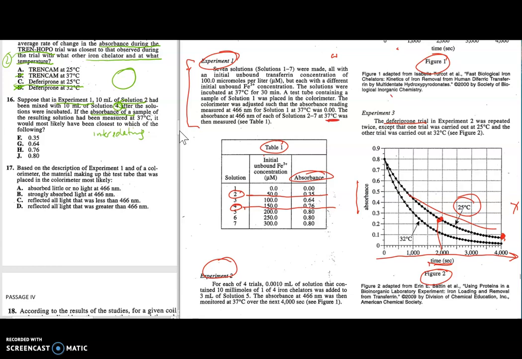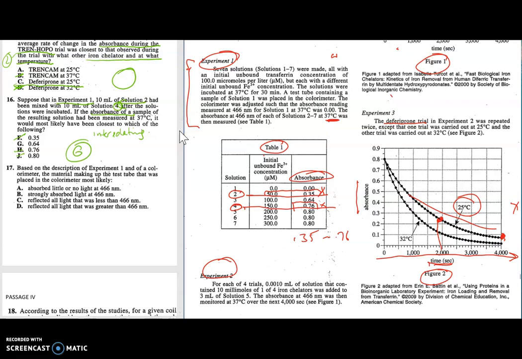It would most likely have been closest to which of the following? So we're looking at this here and this here. So it's between 0.35 and 0.76. So look over the answers. 0.35, no, too low. 0.64, yes. 0.76, too high, so it's G.